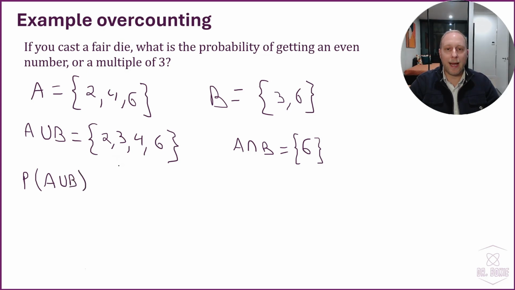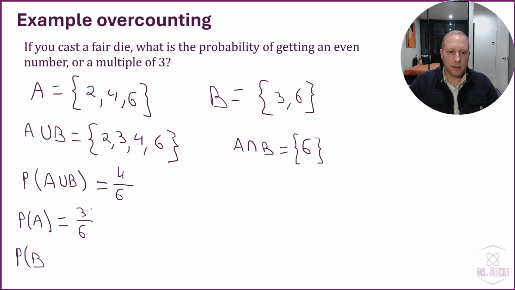Now, what is the probability of A or B? That is what we're actually looking for. It's the probability of throwing an even number or a multiple of 3. Well, as we can see, there are 4 elements in there, 2, 3, 4, and 6. So the probability of that is 4 out of 6 possible outcomes. What is the probability of A? Well, A is throwing an even number. There's 3 out of the 6 here.